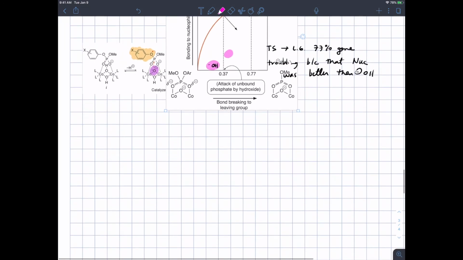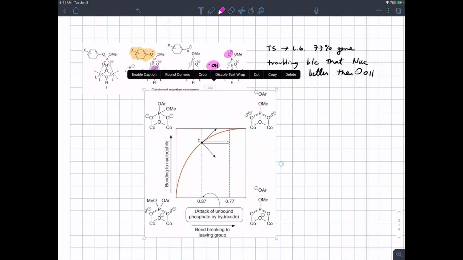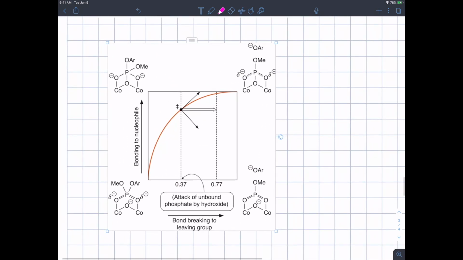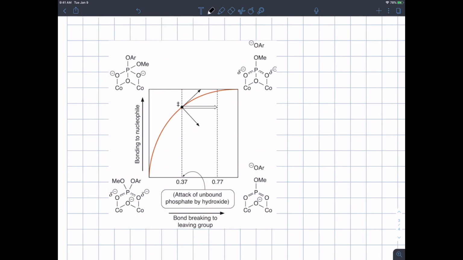So they rationalized this with one of these More O'Ferrall-Jencks plots. Here you've got phosphorus nucleophile distance. Here you've got phosphorus leaving group distance.